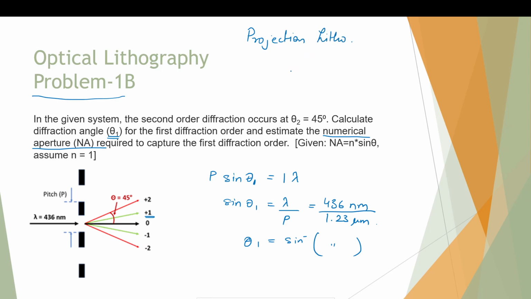litho, what happens is, we have some source which is giving us light of the desired wavelength. Then we have a mask. There will be some projection optics before this also, but essentially we have a mask, and between the mask and the wafer there will be a lens.